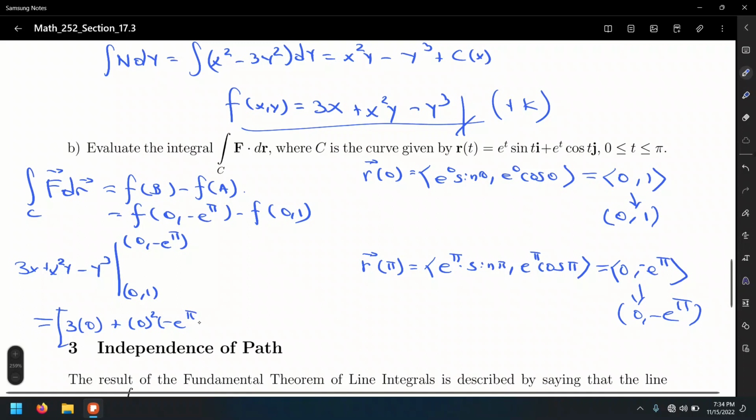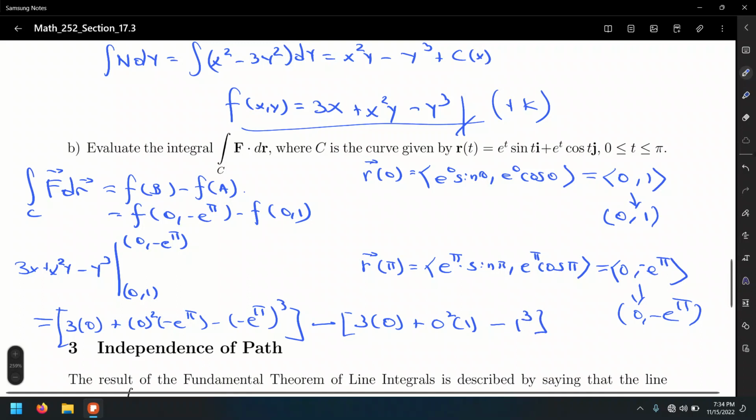Well, that's going to get zeroed out anyway, minus negative e to the pi quantity cubed. And be careful with this last quantity. And then minus the initial point, which is 3 times x, which is 0, plus 0 squared y, which is 1, minus y cubed, which is 1 cubed.